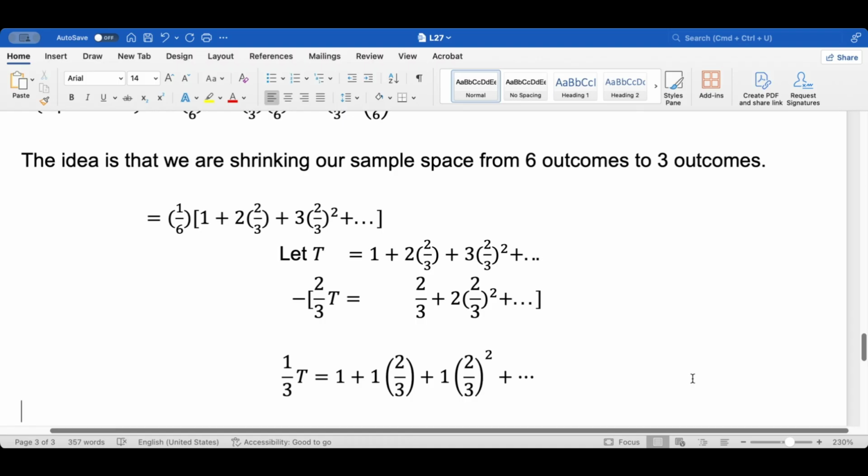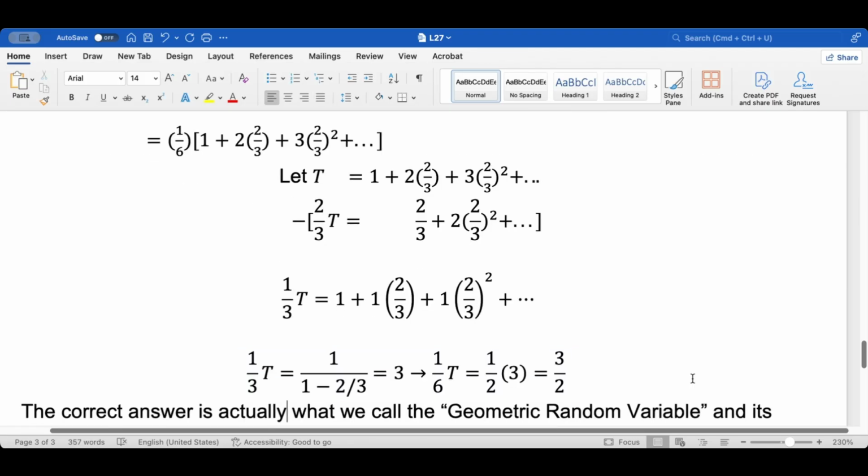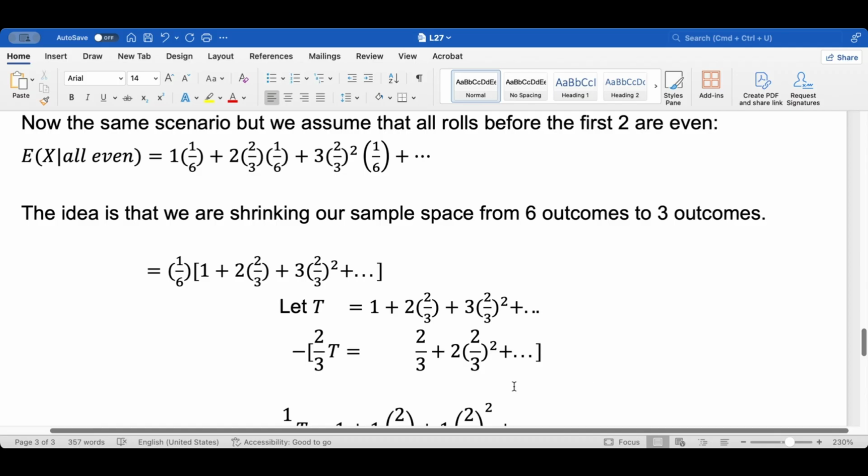The ratio is less than 1 in absolute value. It will converge to 1 over 1 minus r, which is 2/3. So it's 1 over 1 minus 2/3, which is 1 over 1/3, or 3. Now, again, we have to get that original format. We let t be the inside here, so there's still the 1/6 that we need.